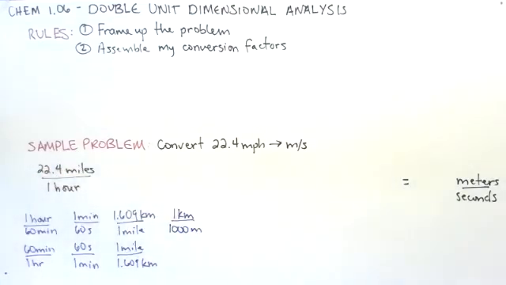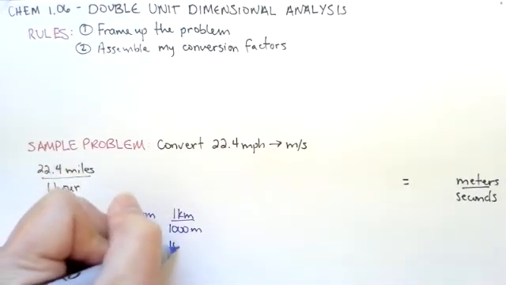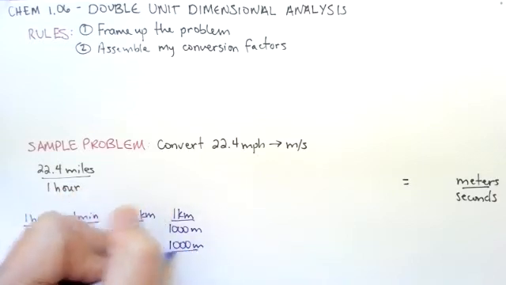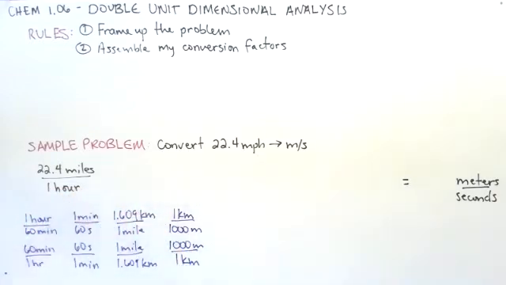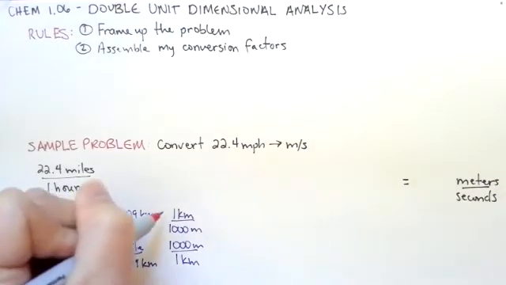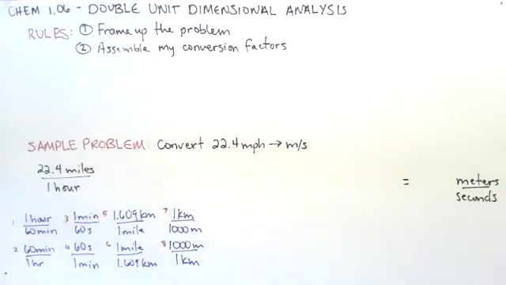Now that would be written as 10 to the third on your table, or there are 1,000 meters in 1 kilometer. And again, that's kind of a good one to just know commonsensically. So I'm going to label these 1, 2, 3, 4, 5, 6, 7, and 8. I know I have everything I need.